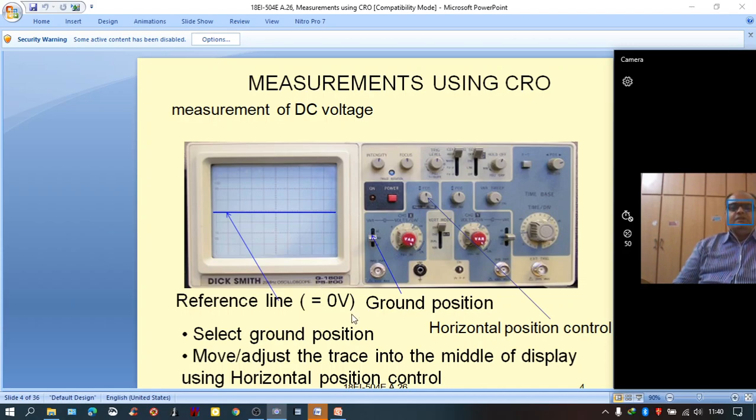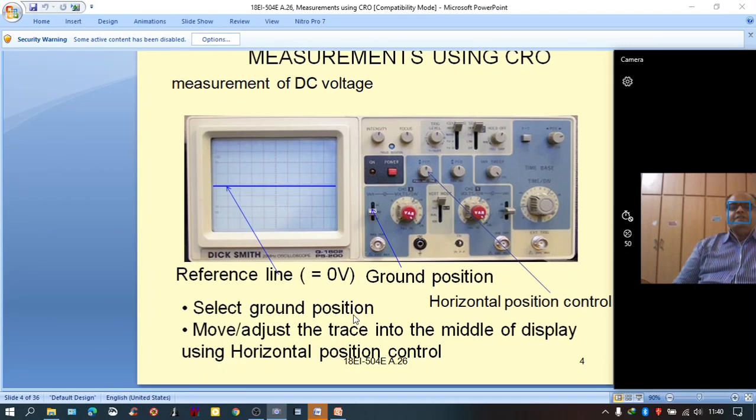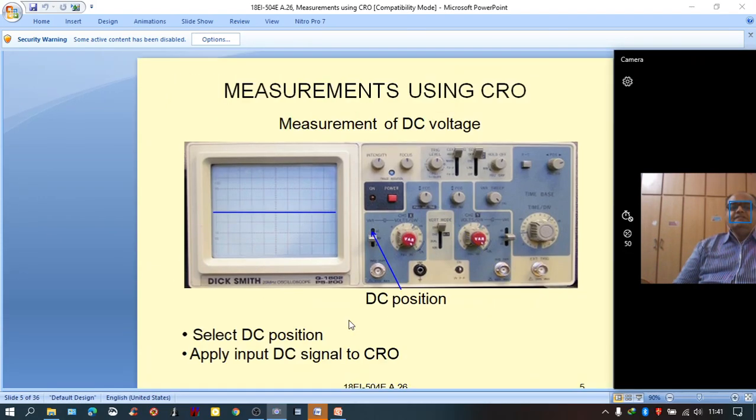Once this part is completed, next apply the input signal. Apply the DC input signal here to the BNC connector. Then move this switch to DC measurement position. In that case, what happens?